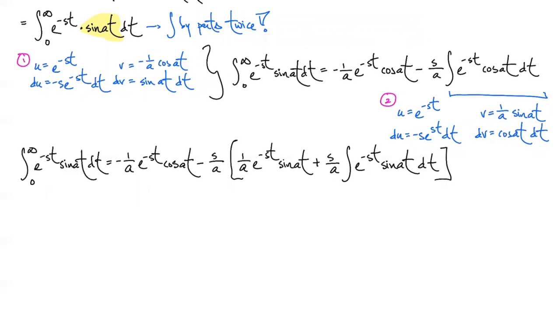That's a really great question, Kiki. So I'll tell you why I didn't use tabular here, because tabular is definitely way faster when we have the cyclic. So tabular method only works when u is a polynomial, right? Because with the table, at some point, it has to end. If we have x squared, then the next line is 2x, then the next line is 2, then the last line is 0.